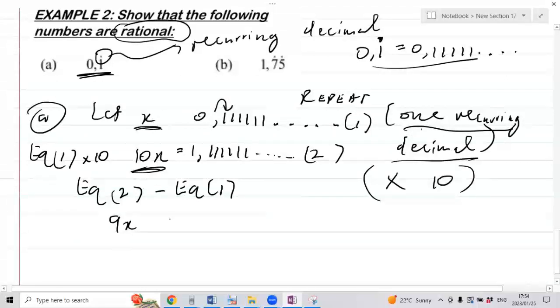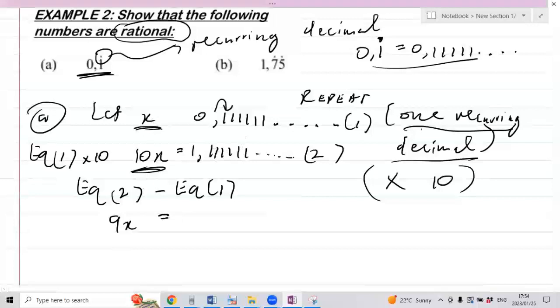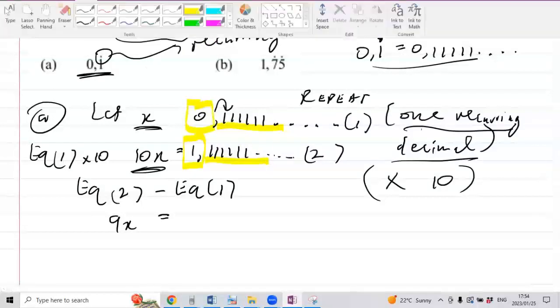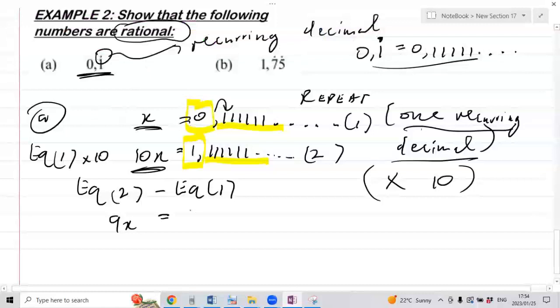So 10x minus x is 9x equals. Now, when you subtract this part over here, if you look carefully, your recurring parts will be identical after the decimal. So therefore, the recurring parts cancel themselves out. So you're only left with 1 minus 0, and 1 minus 0 is equal to 1. So therefore you'll get 9x equals 1.